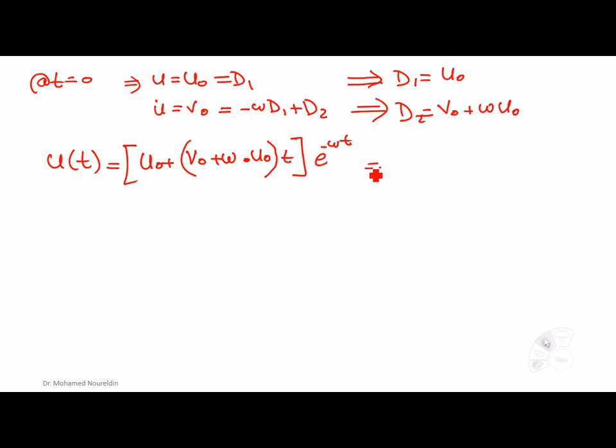This gives us at the end u node times 1 plus omega t, plus v node t, and close it, and then e to minus omega t, right? This is what we're going to obtain after the substitution.